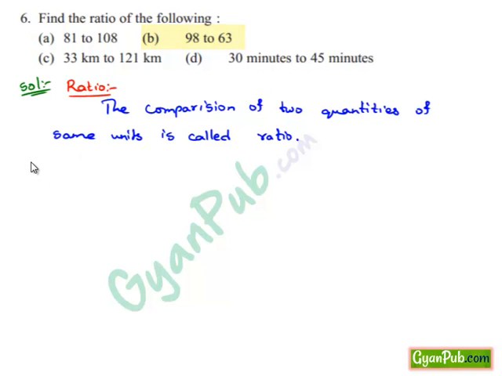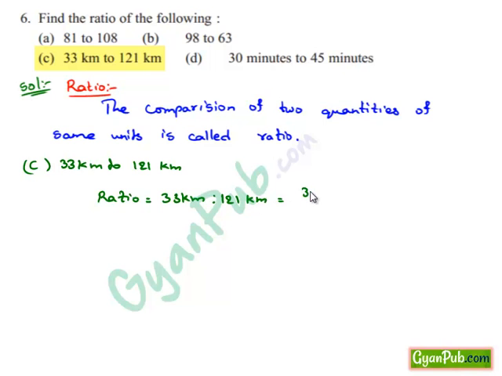Now, take down the C bit, that is 33 km to 121 km. The ratio is 33 km is to 121 km. This can also be written as 33 km upon 121 km.